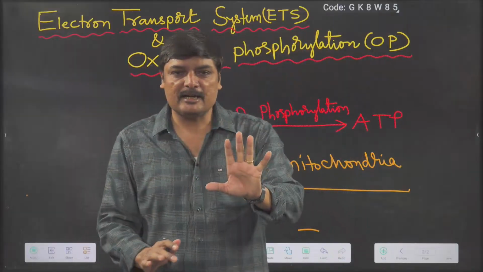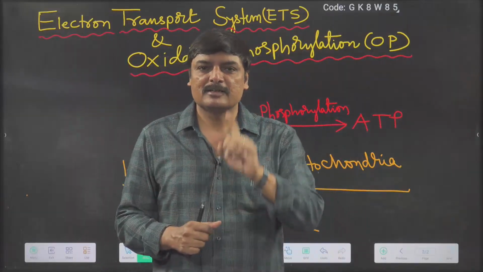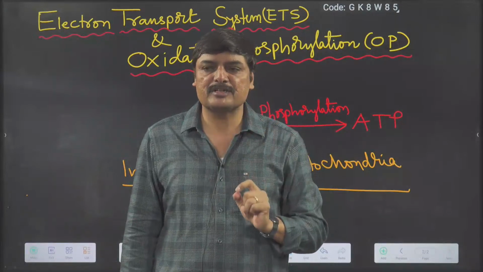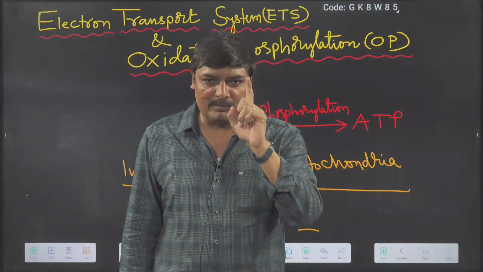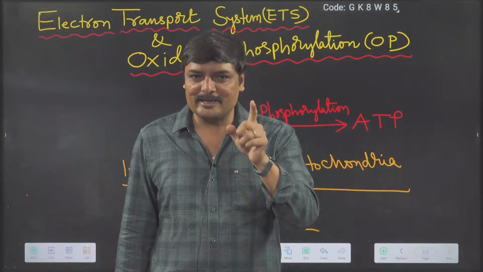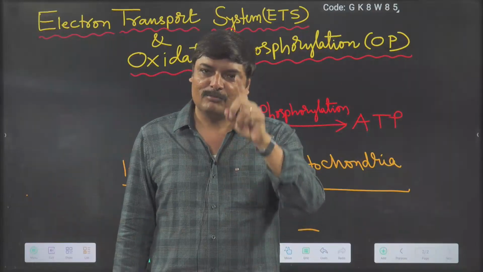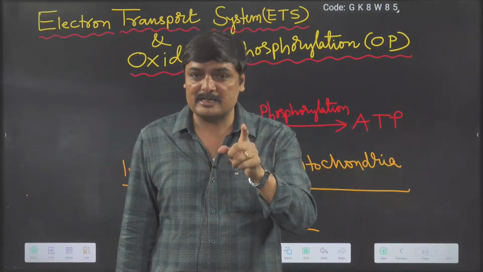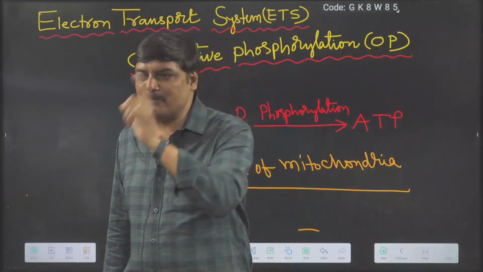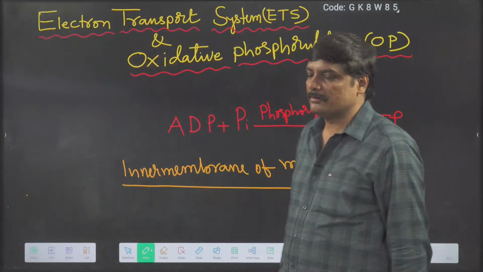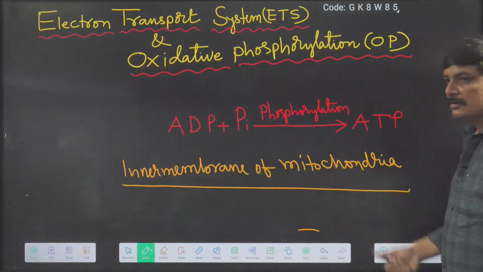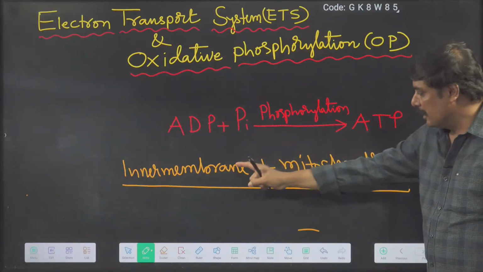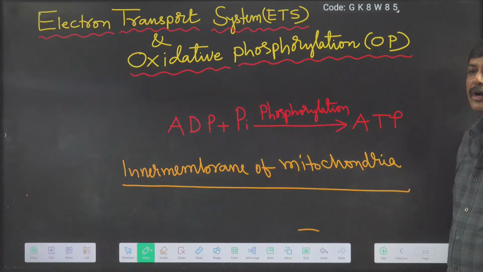What is the site of glycolysis? Cytoplasm. What is the site of link reaction? Mitochondrial matrix. What is the site of Krebs cycle? Mitochondrial matrix. What is the site of the final step, that is ETS? Inner membrane of mitochondria. So this step takes place in the inner membrane of mitochondria.